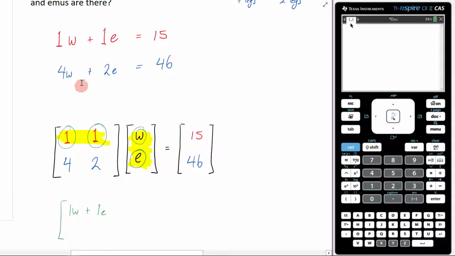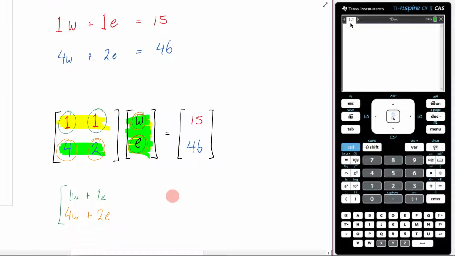And then, once you've done that, you're then going to say, all right, now I'm going to multiply this row by this column. And what's that going to get me? Well, that's going to get me 4 times W, 4W, plus 2 times E, 2E.